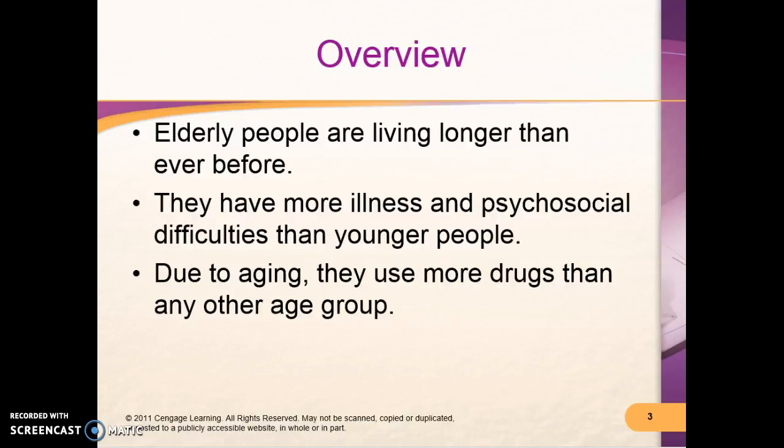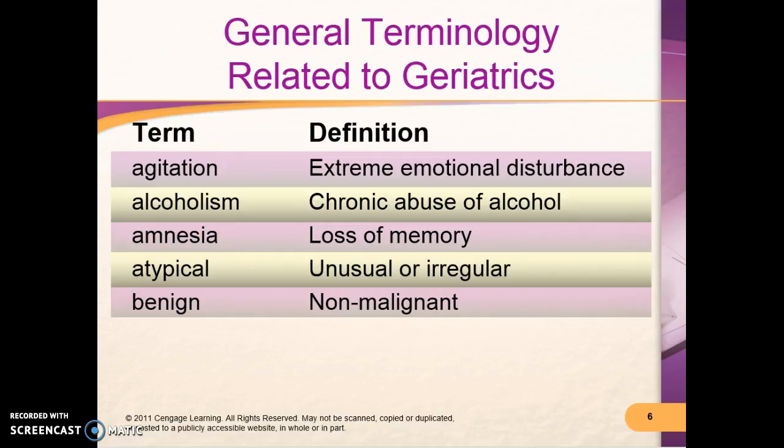As you go through this week's material, pay special attention to some of the different types of terminology related to our geriatric population, specifically those that refer to different disease states. So let's go through and look at a few of these. This is the first set. Amnesia is on here.